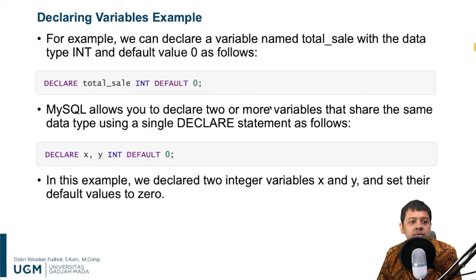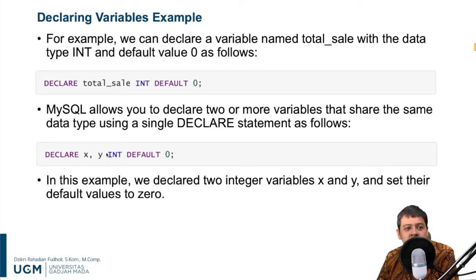Here are the examples. We declare total sale with the data type of integer, or int, with the default value of 0. We can even declare more than one variable. We can see here, we can declare x and y with a comma between them with the same data type.